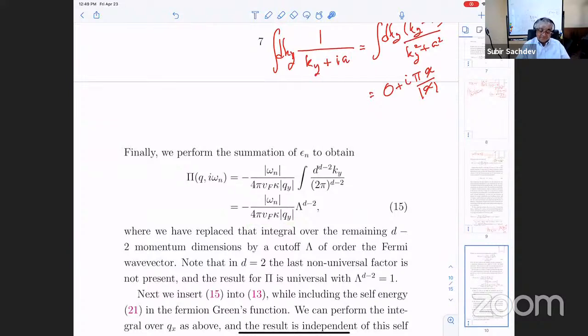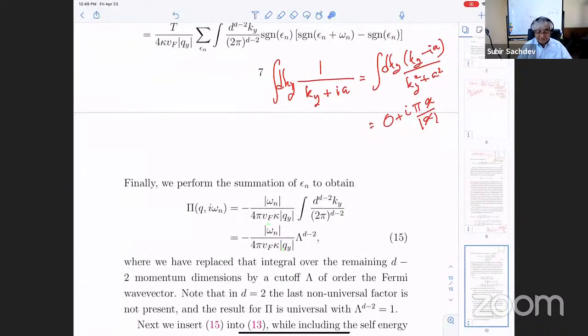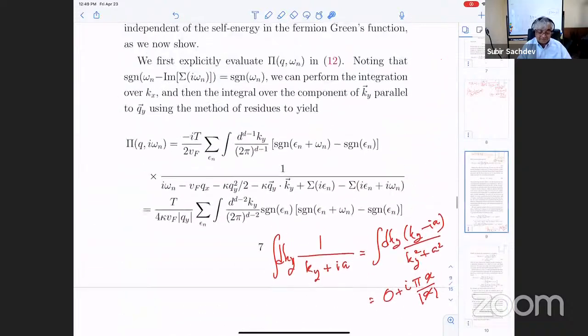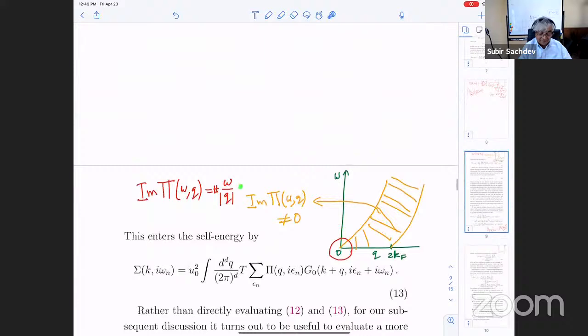So this I just approximate by some cutoff. So there it is. Now I have this mod omega over q term that I told you about. It's real for imaginary frequencies, but when you analytically continue, it'll become positive, imaginary, and exactly of this form.